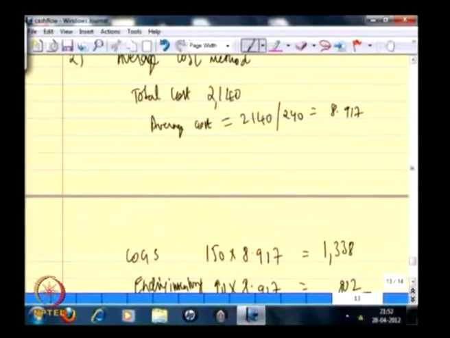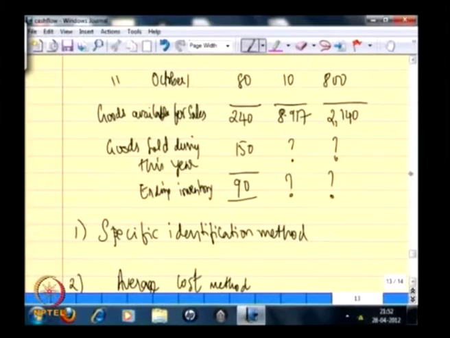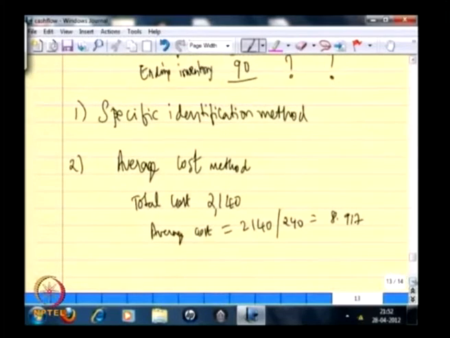We just broadly assume that the cost is calculated based on averages, and that 2140 worth of inventory was purchased, which was 240 units purchased for 2140.